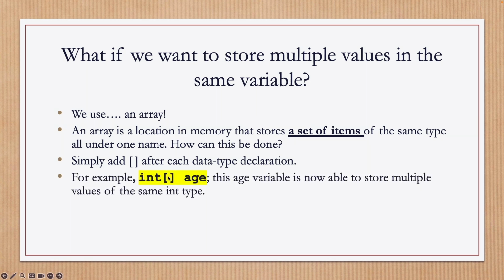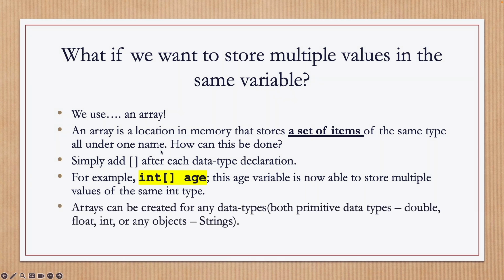So for example, for declaring a variable age with int data type, if we want to make this an array, then we're just adding a set of square brackets after the data type declaration. This way, the variable age can hold multiple age values. And we can actually do this with any other data types, such as double, float, int, or strings, or more.